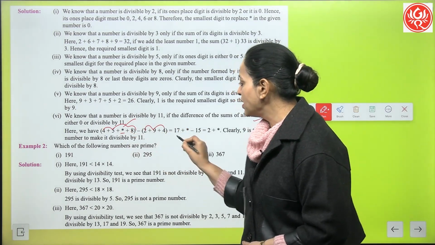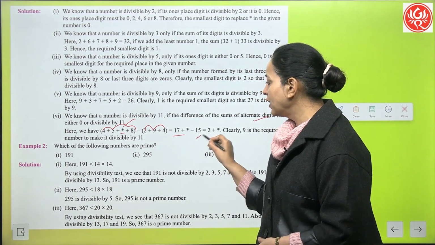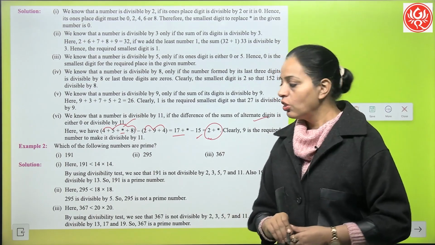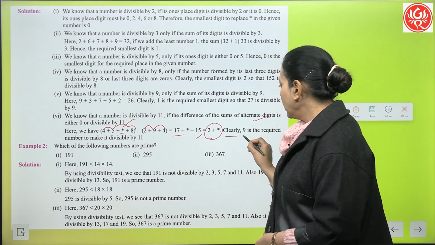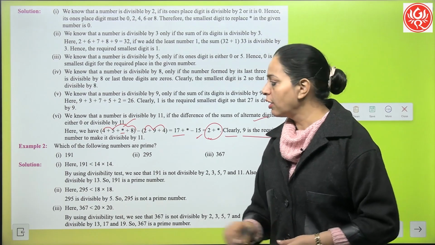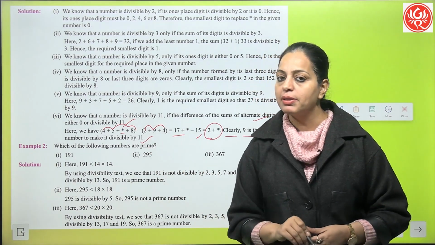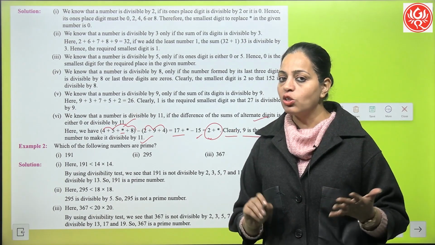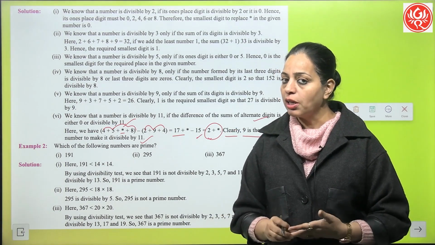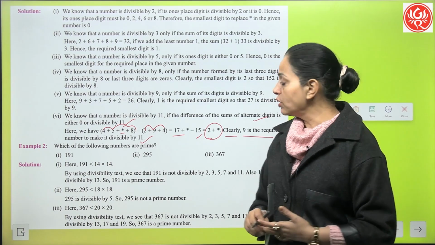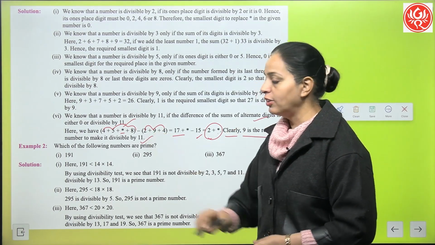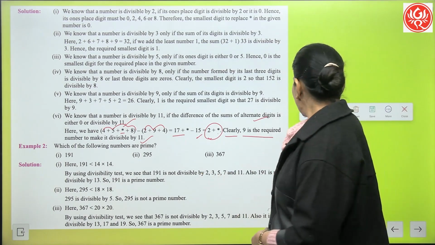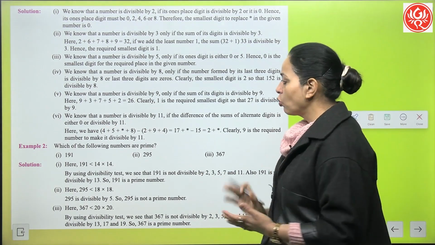Now this is 17 plus dash minus 15. यानी 2 plus dash. So here clearly 9 is the required number to make it divisible by 11. अब यहाँ पर हम 0 तो लगा नहीं सकते. 2 plus 0 would be 2. So this is not the multiple of 11. तो हमें कौन सा digit लगाना पड़ेगा? 9. So what is the answer? Answer is 9. Okay. So like this we can try many more questions.